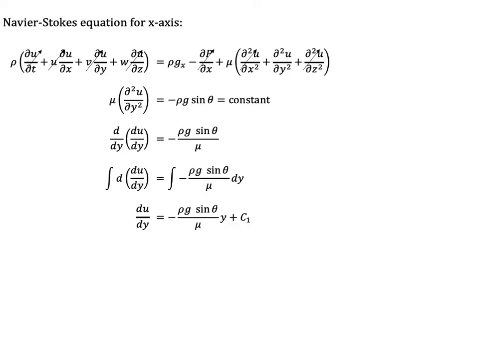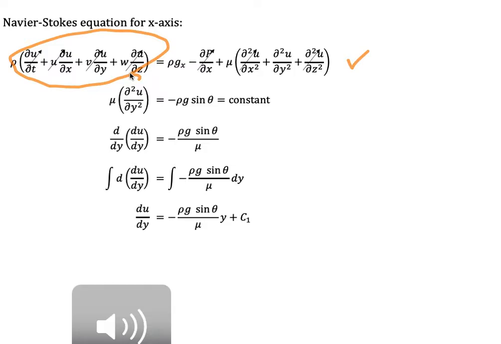For this situation, it's quite simple because we are using Cartesian coordinates. So this is the Navier-Stokes equation for the x-axis. For the left hand side here, we could get it equal to 0. I think I already explained the idea of steady flow.